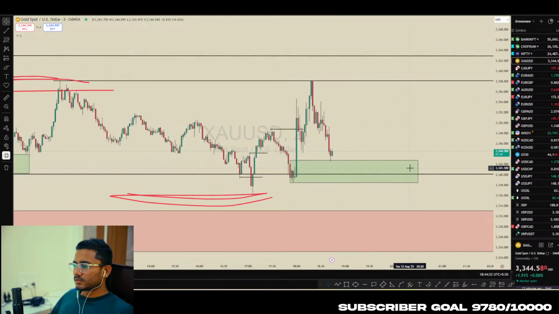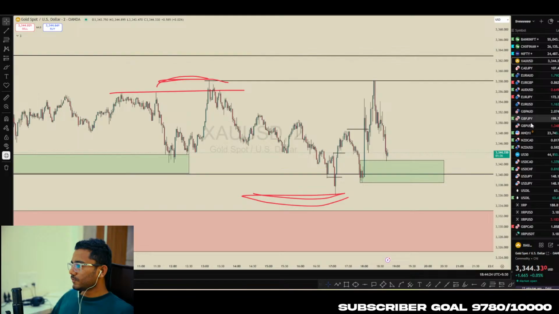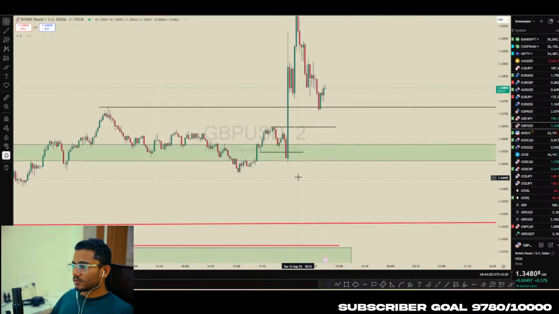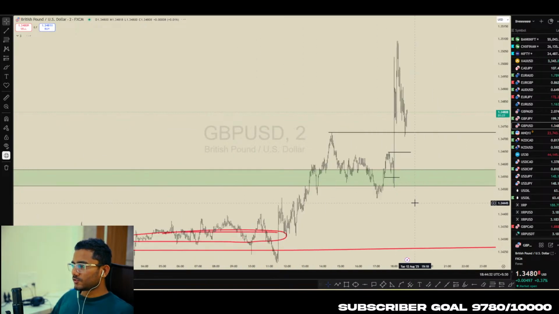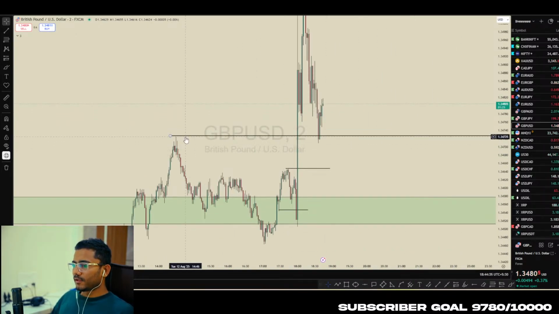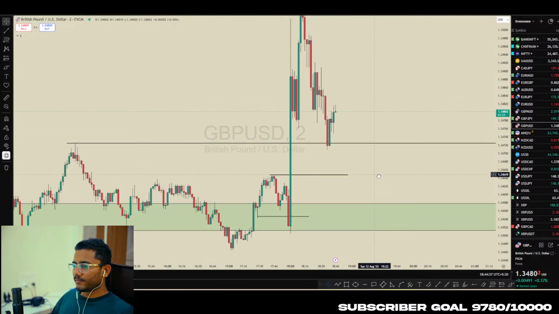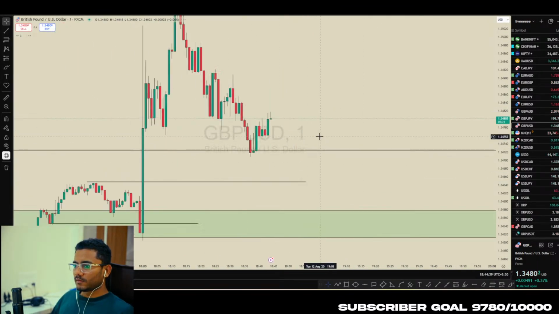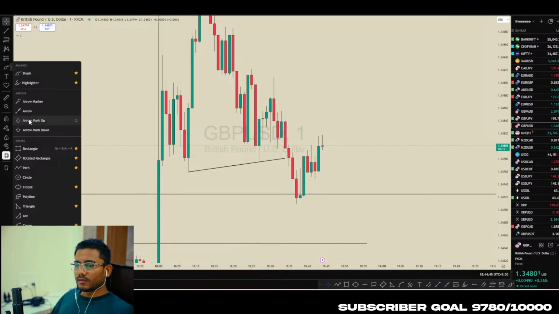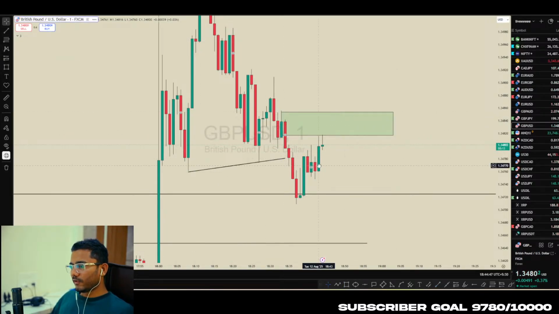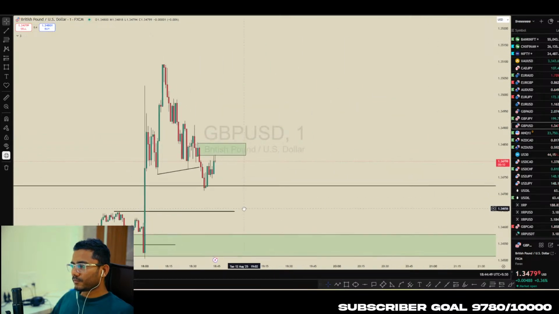See how this goes. On GU price, we have this horizontal order block and this structure. Here price is taking support from this area. It has tapped this and we have this trend line liquidity. And this is a breaker block. If this fails, then this will be a breaker block.